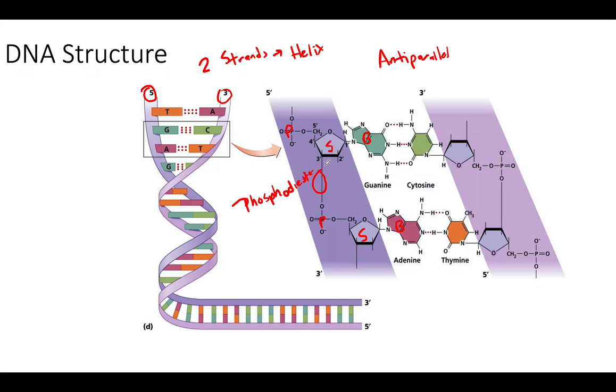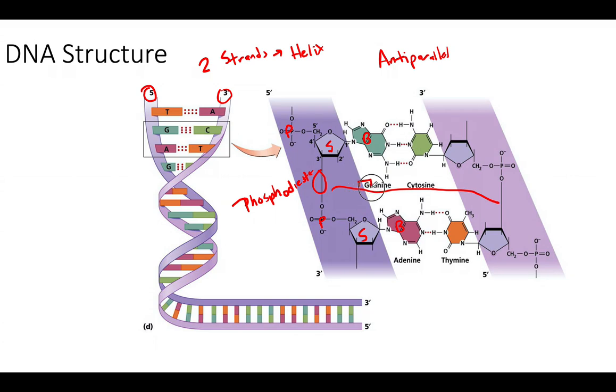But because DNA isn't just a single chain, but instead there are two, this strand over here is also held together. So this here would also be a phosphodiester bond. But what's holding this chain and this chain together are these base pairs. And so again, notice the base pairs here.